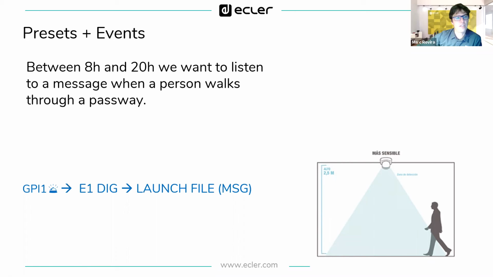You can just connect this audio output onto the MIMO. So see, the GPI 1 is connected to the MIMO and activates an event that launches a player that plays a message. This message gets out of this PC, and this PC is connected to the MIMO. So it's routed to whatever we needed.